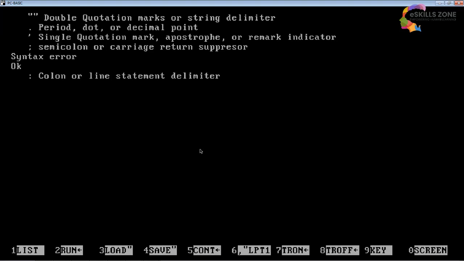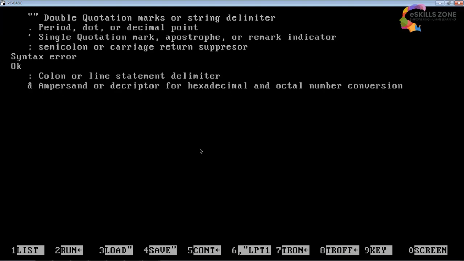And the next one is the and sign, very important. This is called ampersand, or descriptor for hexadecimal and octal number conversion.